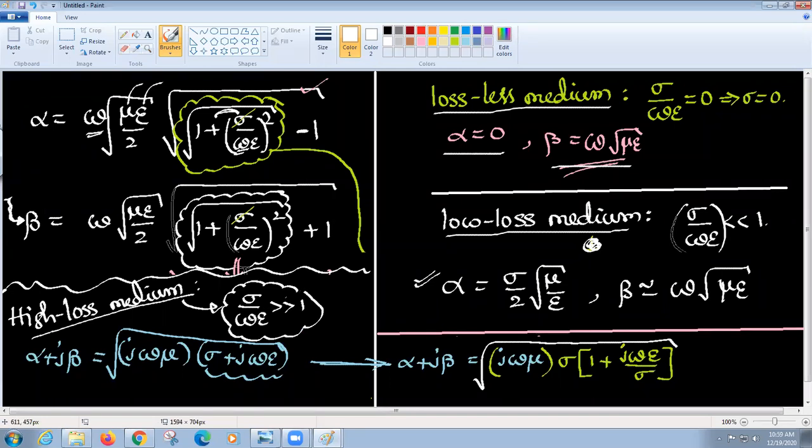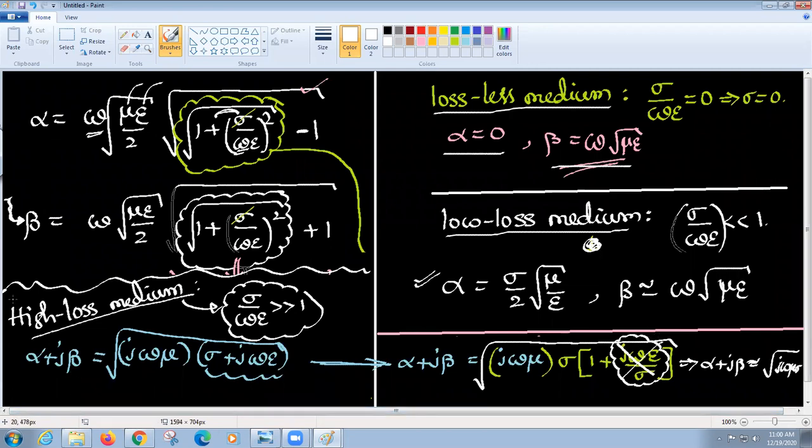That means sigma is far greater than omega epsilon. If sigma is far greater than omega epsilon, then the inverse becomes far less than 1. Yes, far less than 1. So if I compare with 1, I can neglect this term. Therefore, alpha plus j beta is approximately equal to the square root of j omega mu sigma. Agree?